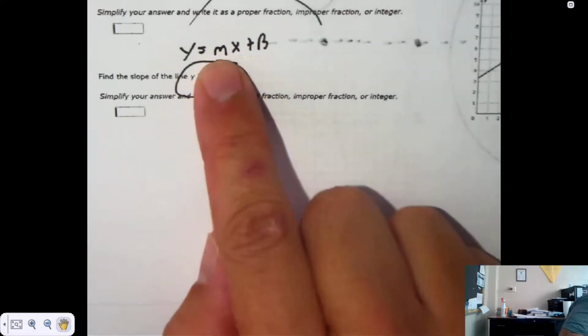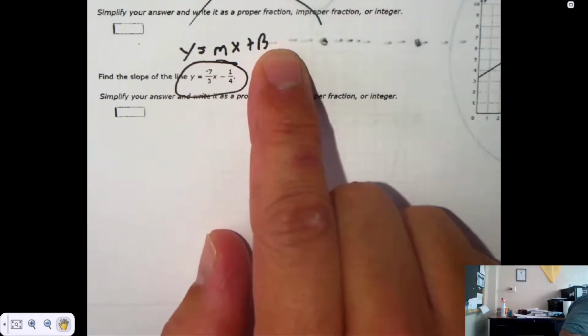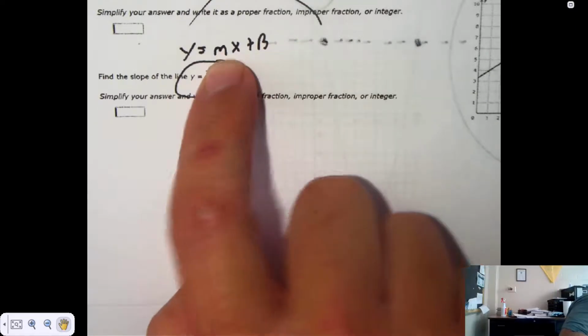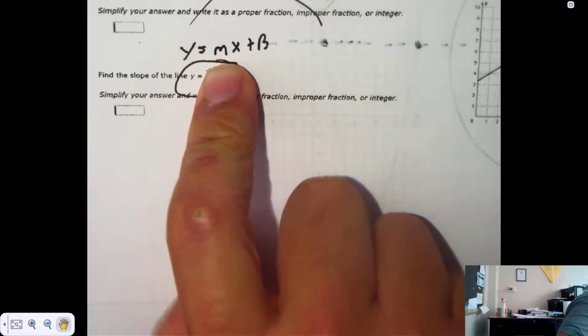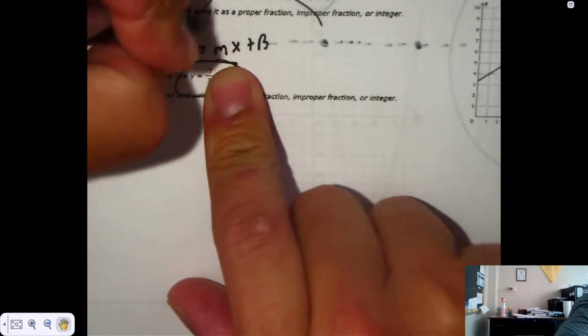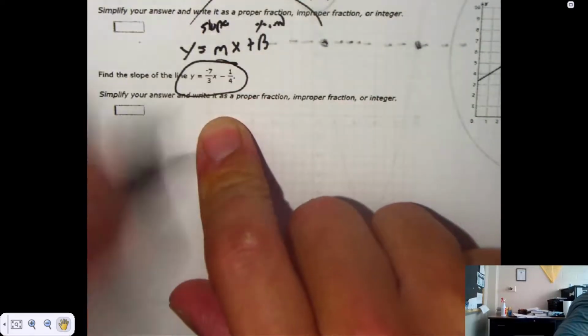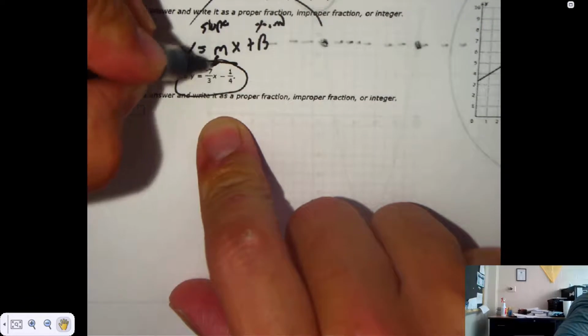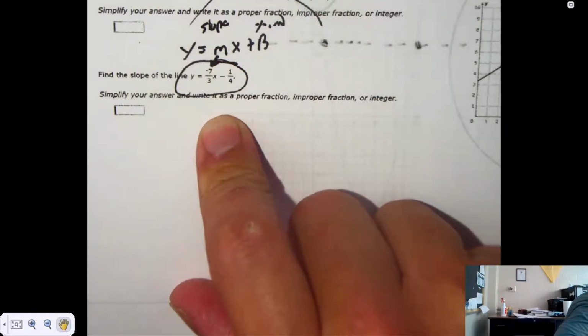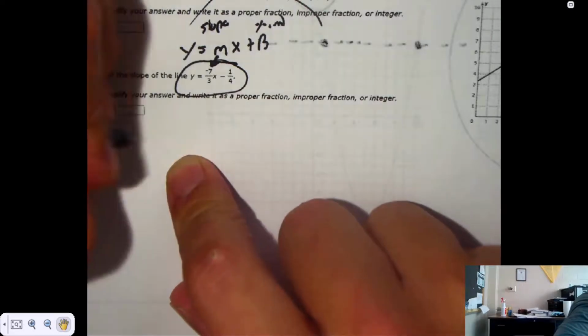It looks like mx plus b. M is slope. -7/3. Look, honey, there's a reason I wrote that form right above the equation. It lines up perfectly. Okay, so Jaden, what's the slope? -7/3.